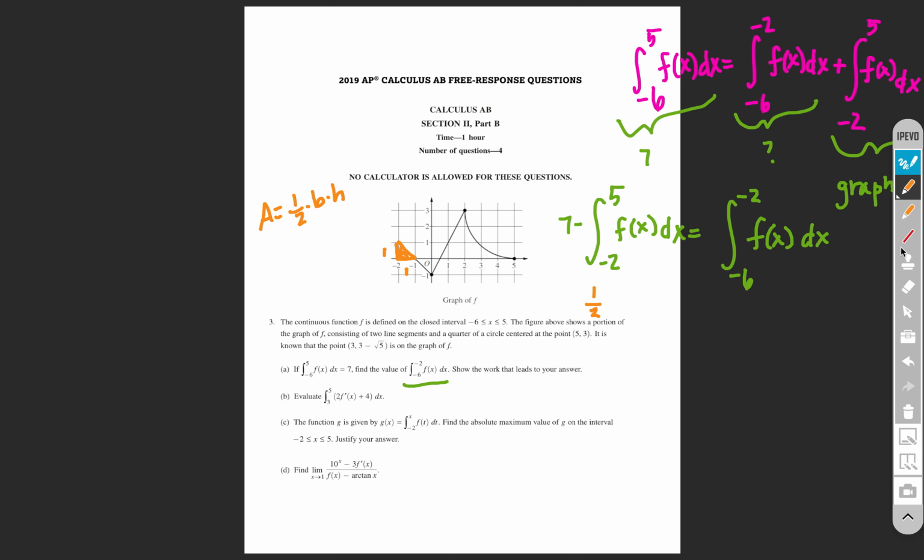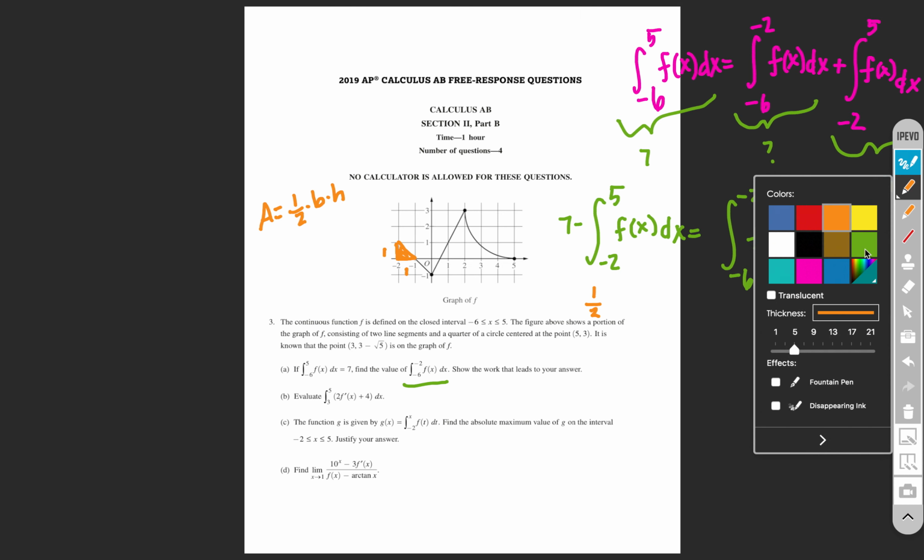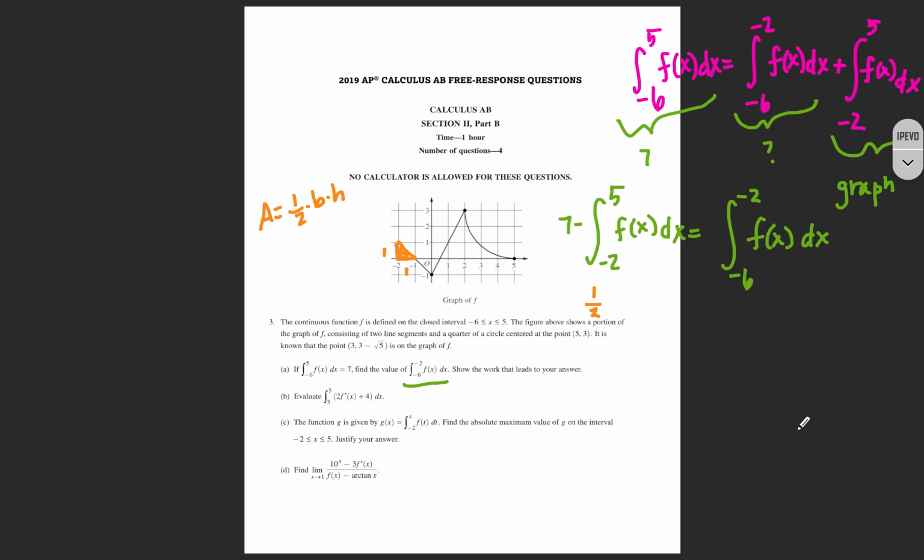Now for the next piece, I'll just look at this one. Here I have also a triangle, so the area is also 1/2 base times height.